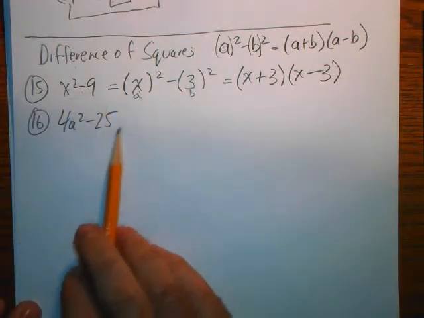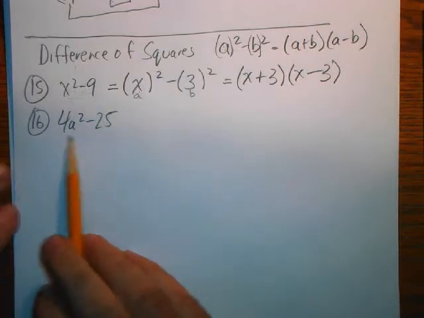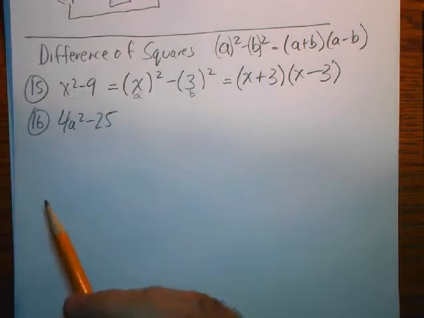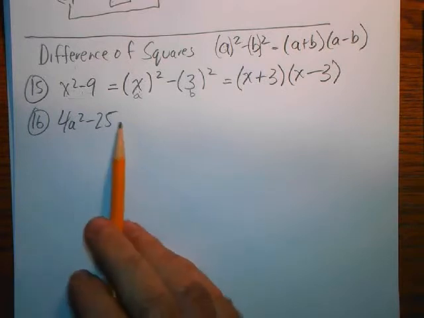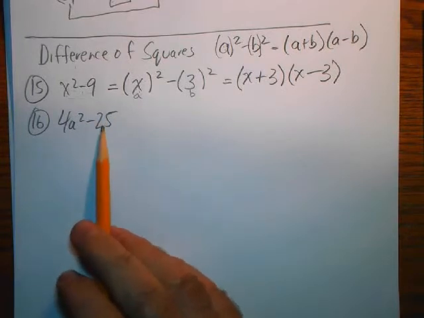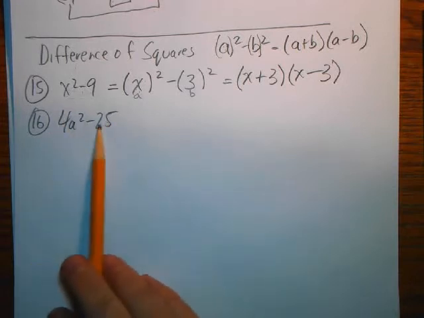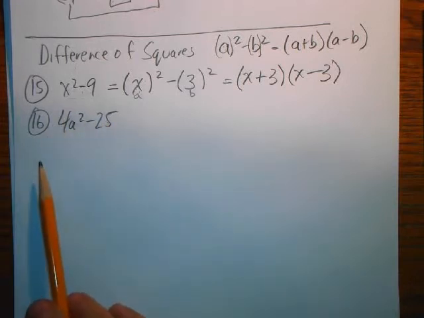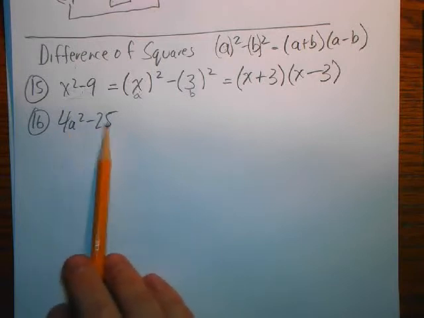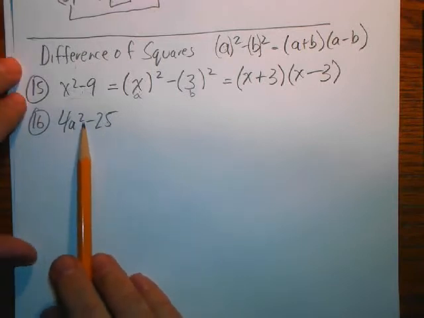If that was a 26, it wouldn't be square rootable. So you're looking for numbers that are perfect squares, and if you have a variable, that it's got an even degree power. If you had a cube here, it's not going to work.